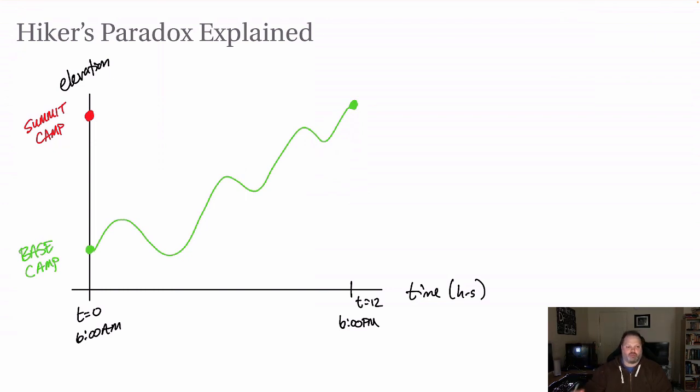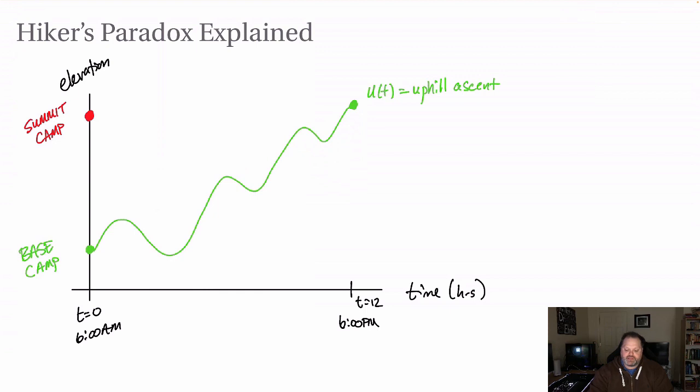We cannot teleport, so human motion is continuous. We must cover every elevation marker between the base camp and the summit camp on our way to the top. Now, this is what I will call U of T, for the uphill ascent function.